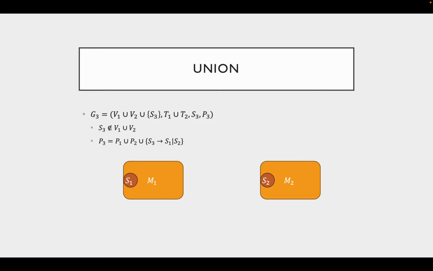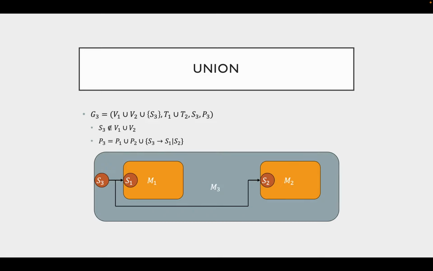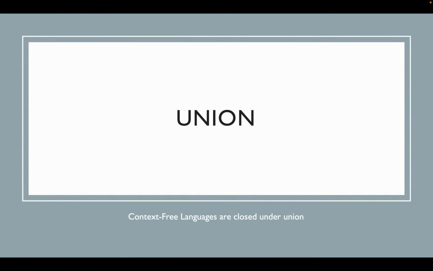And all we need to do is create a new starting state, S3, that can either go to S1 or S2, and we'll have our new machine. So we've generated a machine, M3, an NPDA, that has S3, which allows it to go to either S1 or S2, producing words from language 1 and language 2. Therefore, context-free languages are closed under union.